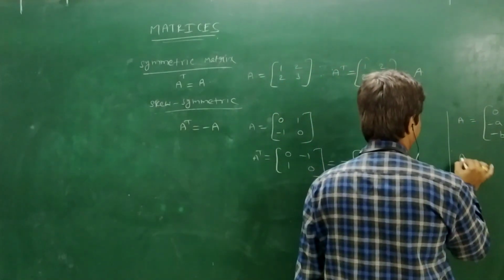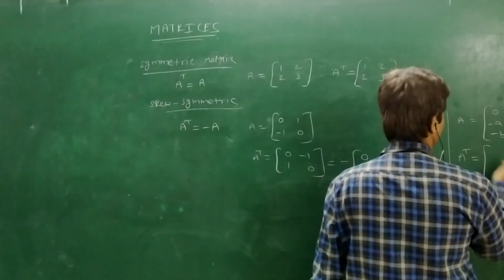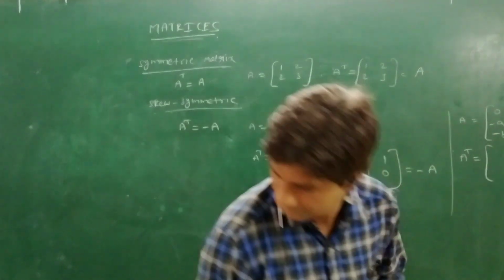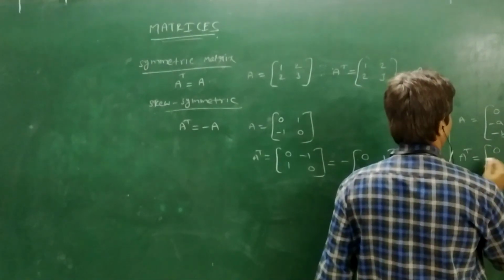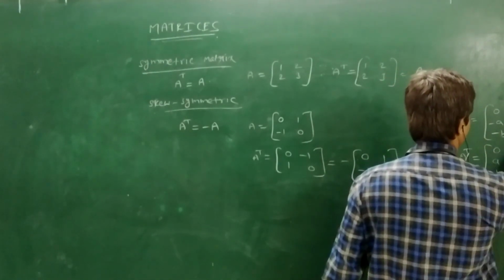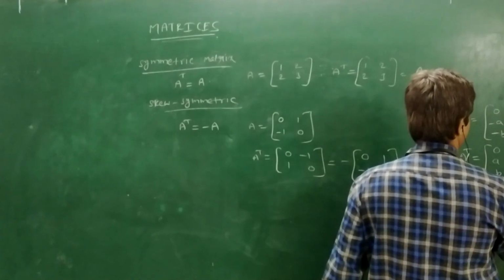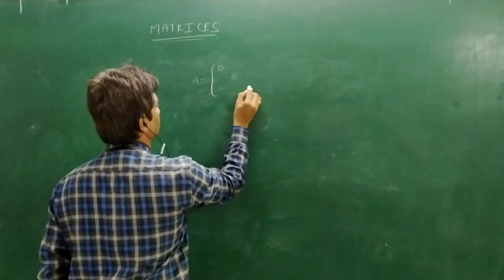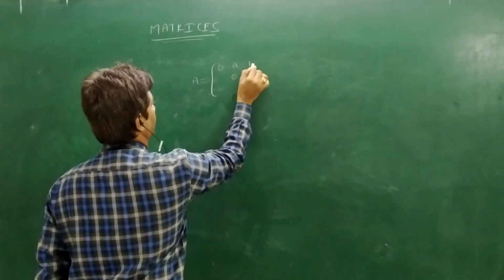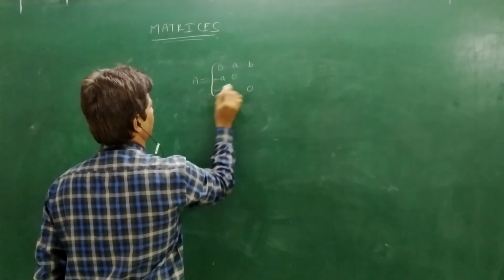Write the transpose of A. This is capital A equal to 0, 0, 0 in the diagonal, with the off-diagonal entries A, B, minus A, minus B, C.